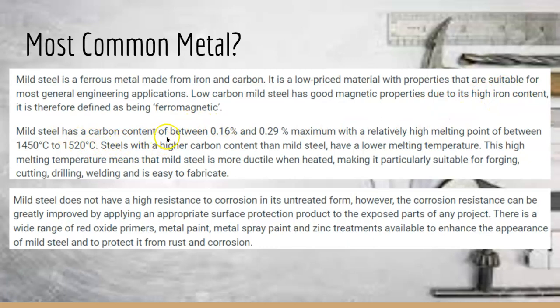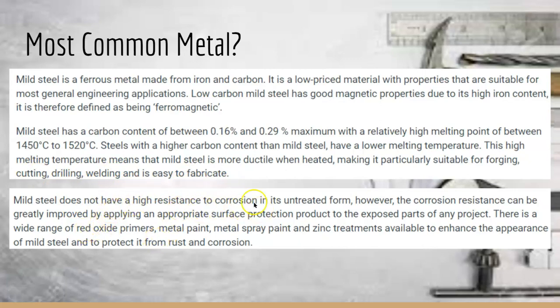Mild steel has a carbon content between 0.16 and 0.29%. That makes it more ductile when heated, and it makes it suitable for forging, cutting, drilling, welding, and it's easy to fabricate with. That's why it's the main metal.